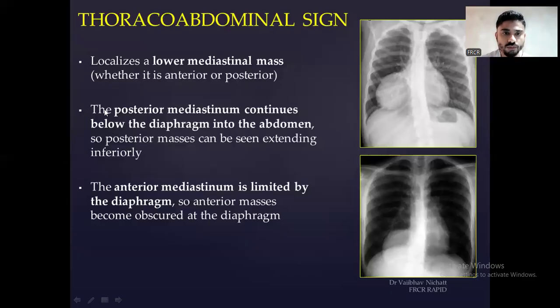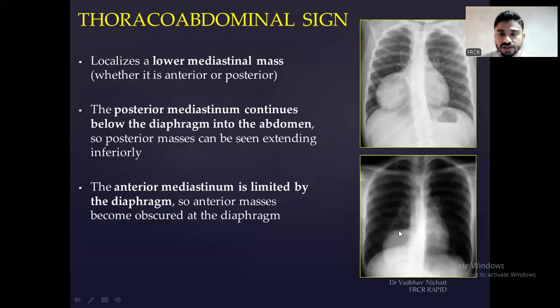So the posterior mediastinum continues below the diaphragm into the abdomen. Posterior masses can be seen extending inferiorly, like in this case. This is a posterior mediastinal mass, and the border is still seen extending inferiorly below the right dome of diaphragm.